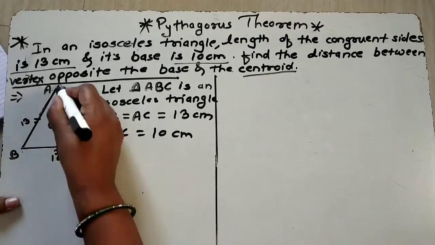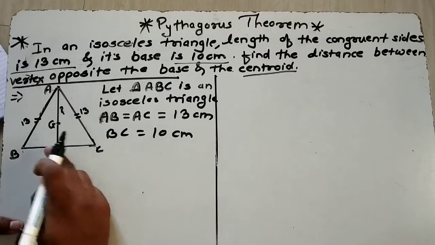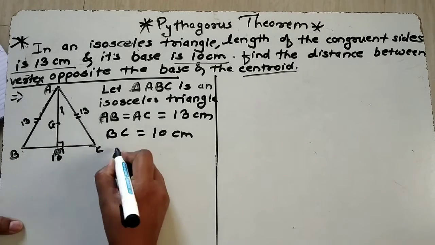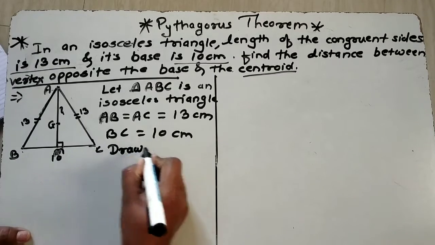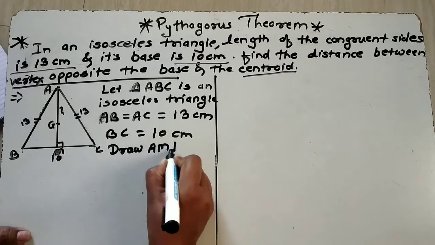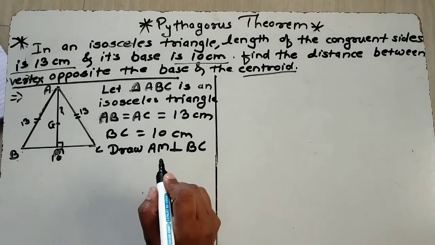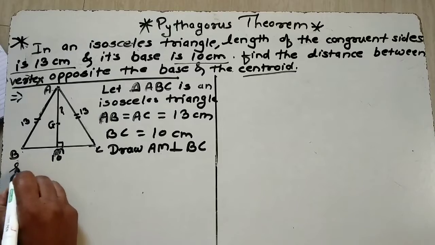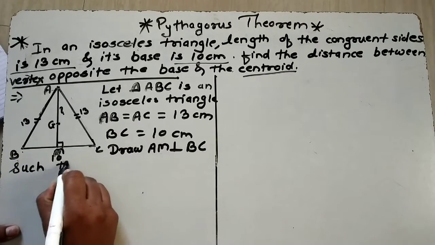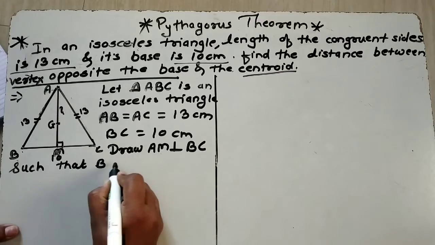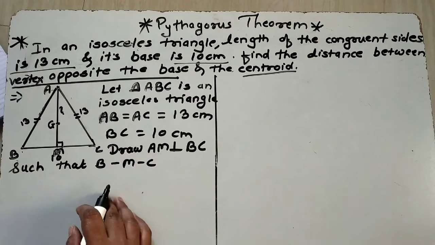Next is our construction, which we drew here. Draw AM perpendicular on BC, such that M is between B and C, B-M-C, the betweenness, which we already studied.